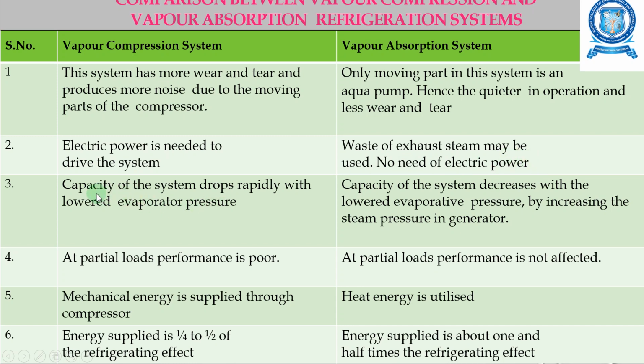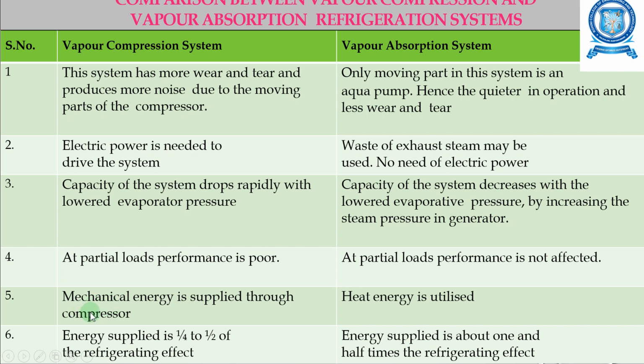In the vapor compression system, the capacity of the system normally drops rapidly with lowered evaporator pressure. Whereas in the vapor absorption system, the capacity of the system can be maintained with lowered evaporator pressure by increasing the steam pressure in the generator. In the vapor compression system, partial load performance is poor, whereas in the absorption system, partial load performance is not affected.